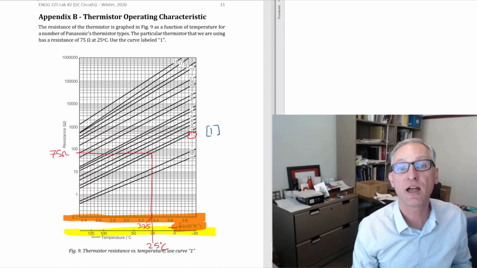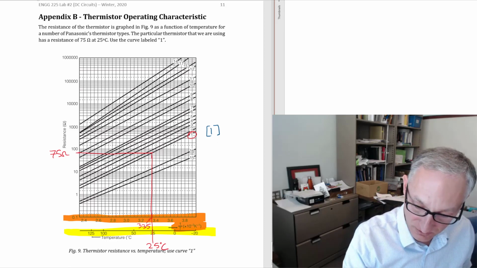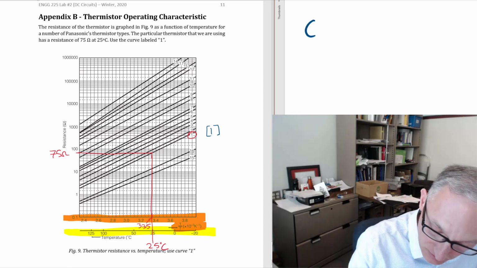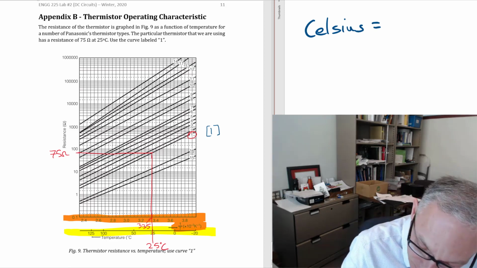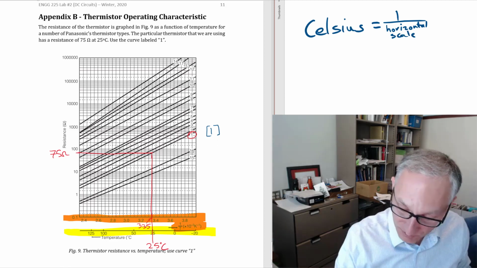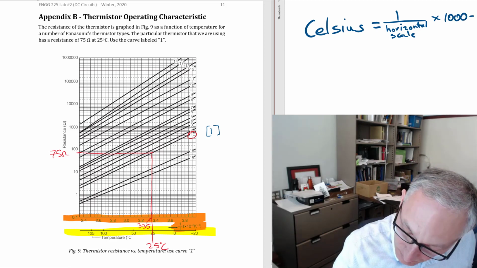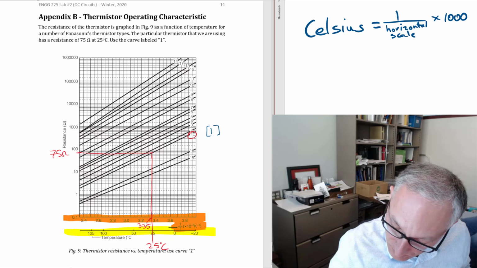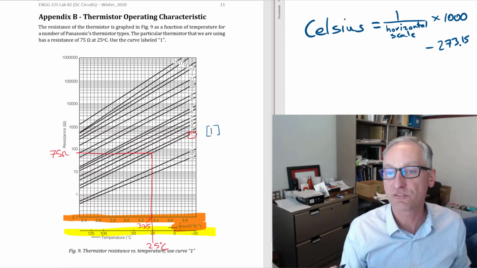If we want to convert that to Celsius, what we do is this: temperature in Celsius is equal to 1 over the horizontal scale, so that's going to be the 3.35, times 1,000, and then minus 273.15, which you'll recognize as the offset for Kelvin.